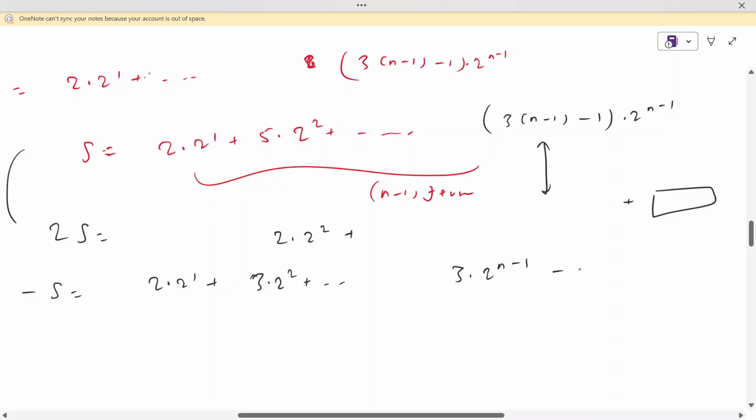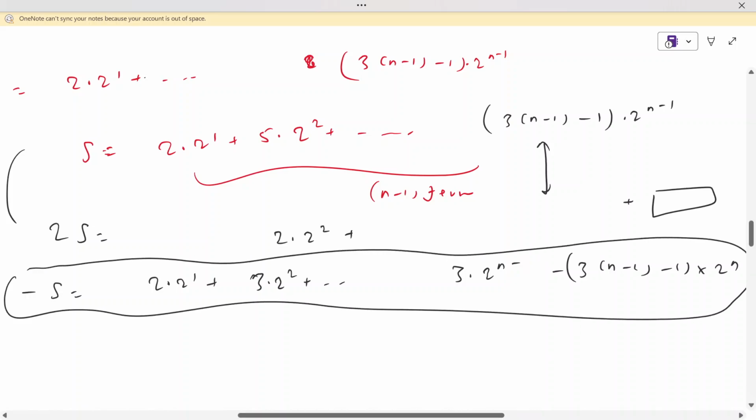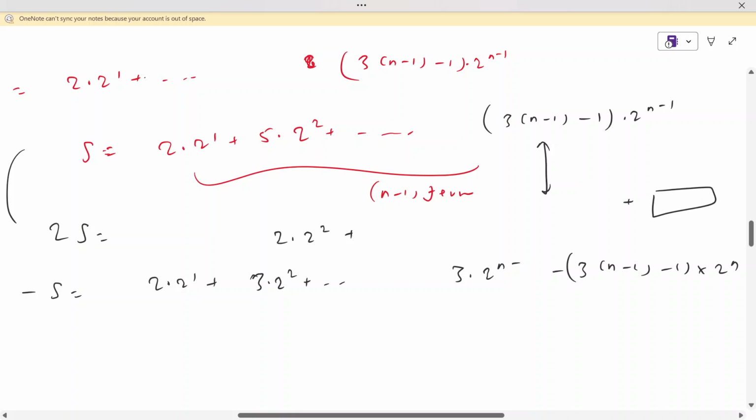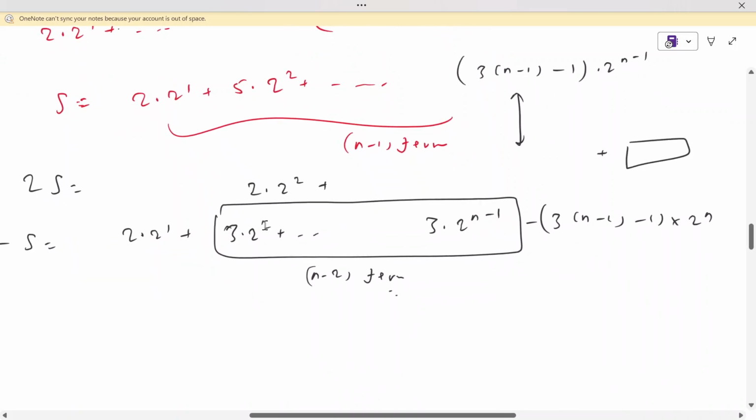And the minus times of 3 into n minus 1 minus 1 into 2 to the power will come. Until all those terms, 3 into 2 to the power 2 and this is 3 into 2 to the power n minus 1 till now. So this is n minus 2 terms. Right? This is n minus 2 terms.